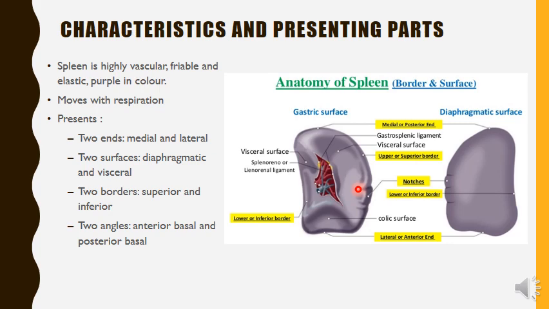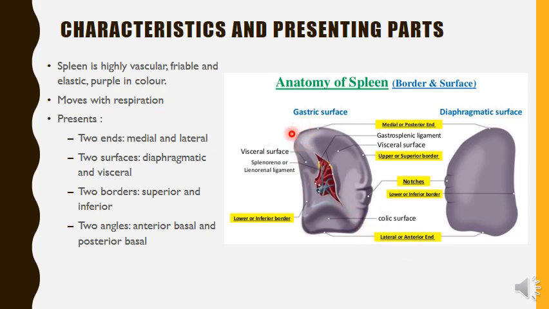And what are the presenting parts? Presenting parts are two ends, two surfaces, two borders and two angles. Now what are the two ends that we see? Medial and lateral. If you remember, in the position, we have seen that it is obliquely oriented.